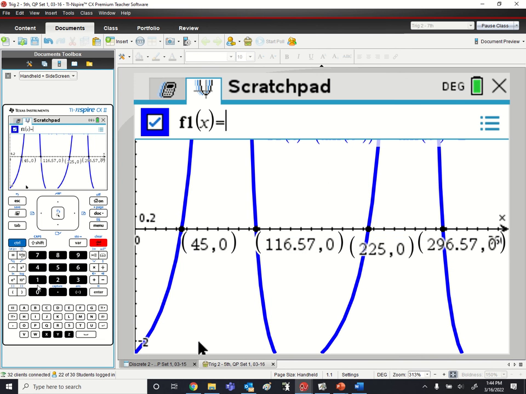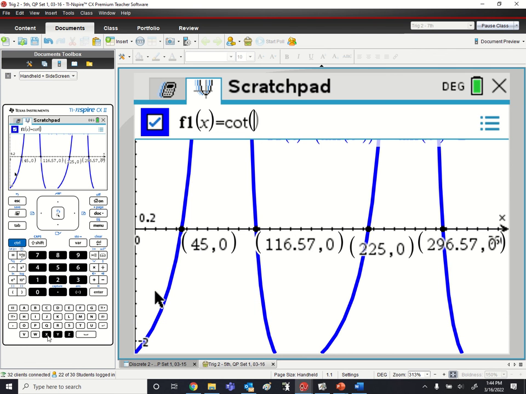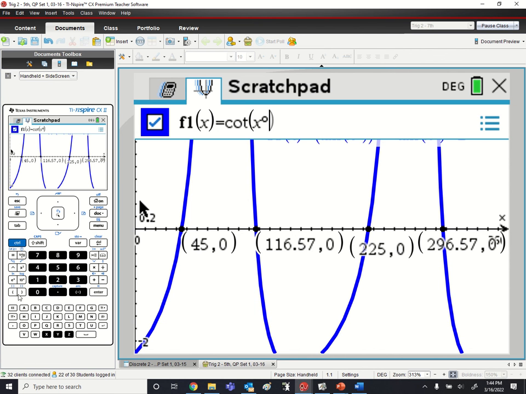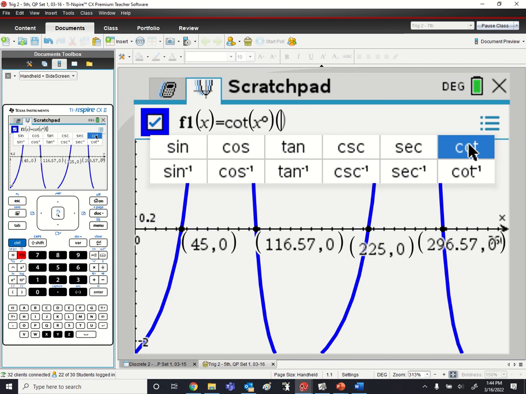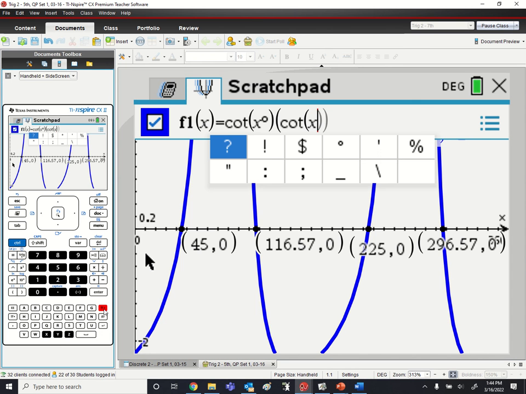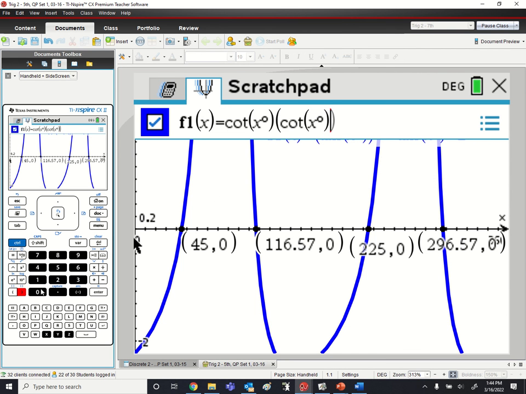Cotangent, x degrees, close, open, cotangent, x degrees, close, plus 3, close, minus 1.